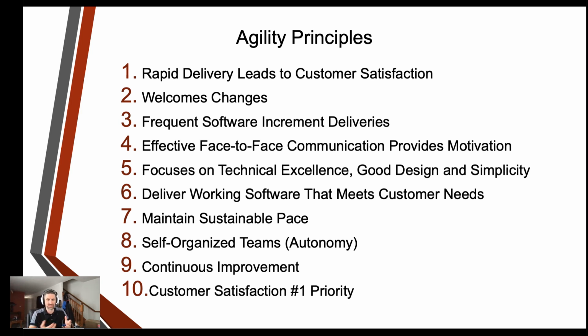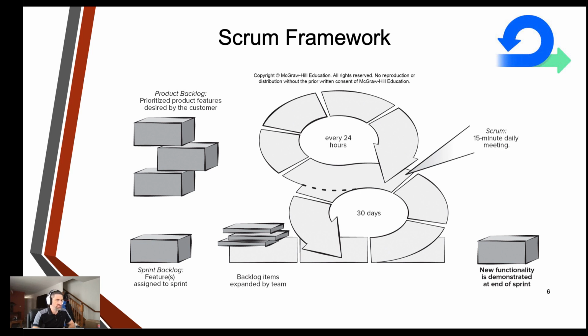By delivering working software that meets the customer's needs, we find that customer satisfaction, and agile teams can provide this. This principle reinforces the importance of understanding and fulfilling customer requirements and ensures the team remain customer-centric in their decision-making and prioritization. Okay. So here's our Scrum framework.